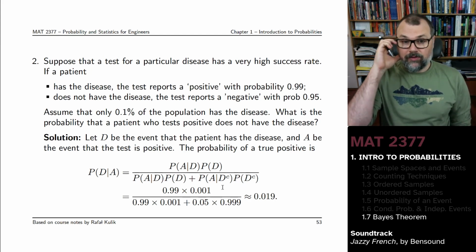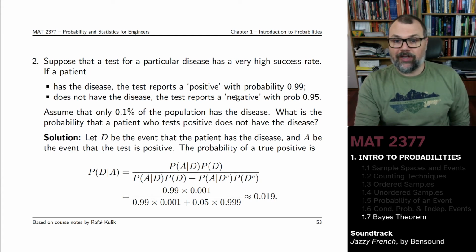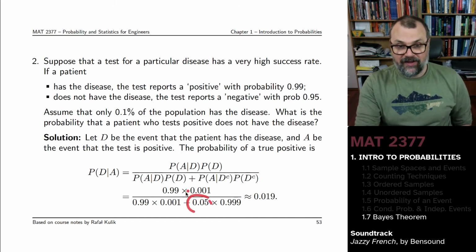Well, we can compute that as well. We know that if you do not have the disease, the test will report a negative with probability 95%, which means that it will report a positive with probability 5%.